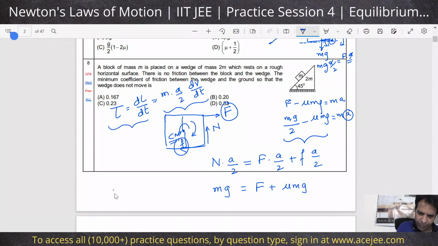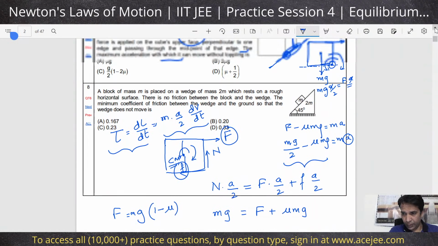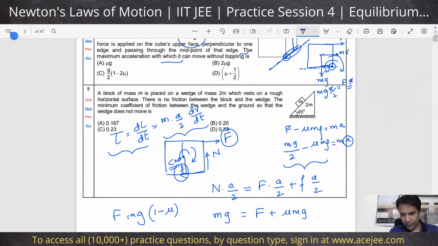So your maximum force is mg times 1 minus, wow, but have I made any mistake here?